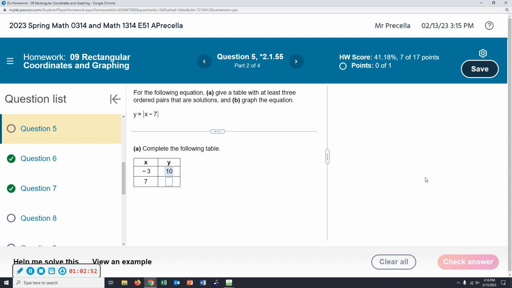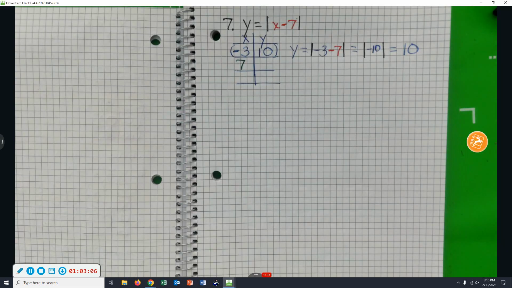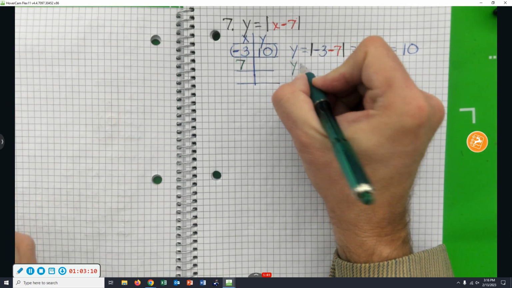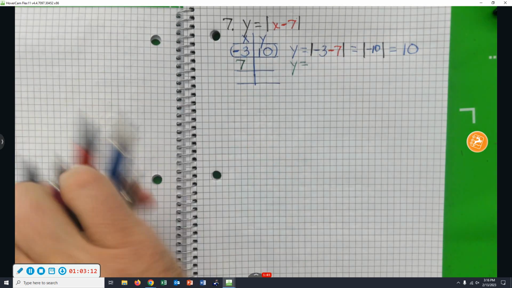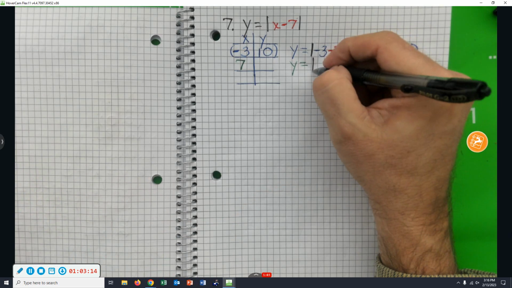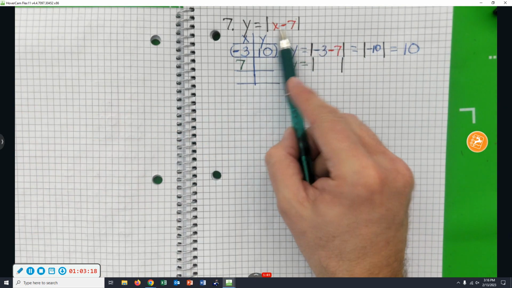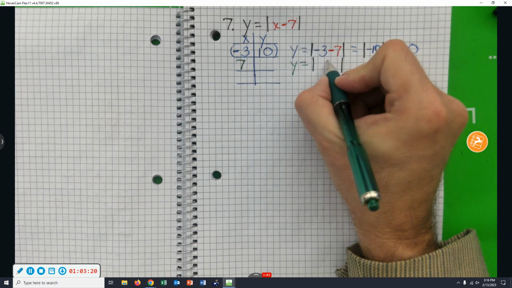Now it says plug a 7 in for x. So we're plugging a 7 in for x now. So we'd have y equals, what number is going to be inside those absolute value bars? 7 minus 7 is 0.